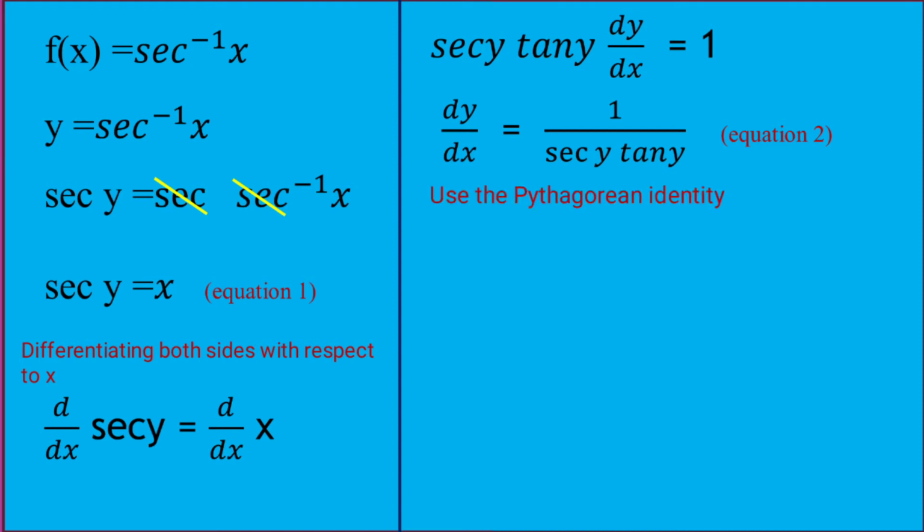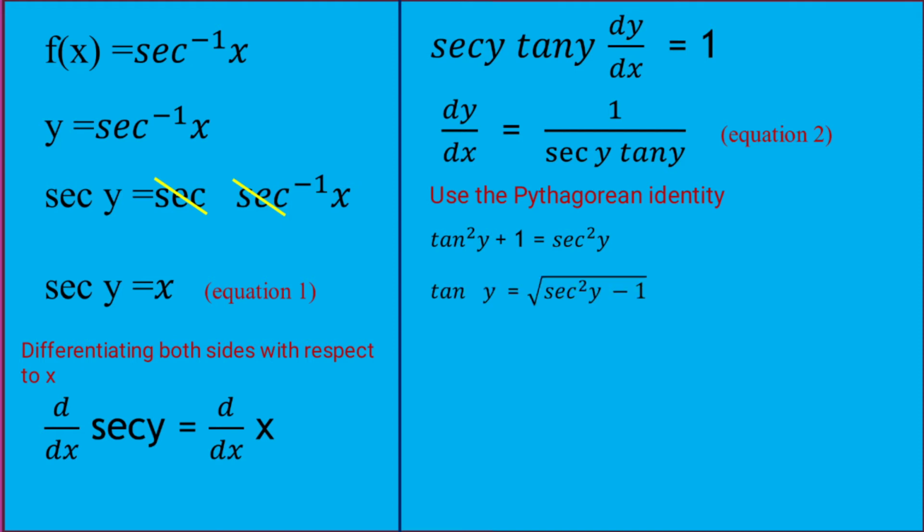And again, we are going to use the Pythagorean identity. So we have tangent squared y plus 1 is equal to secant squared y. To get the value of tangent y, we need to get the square root of both sides of the equation.